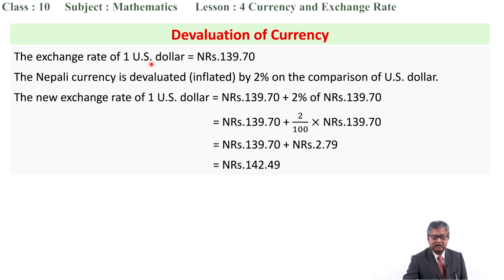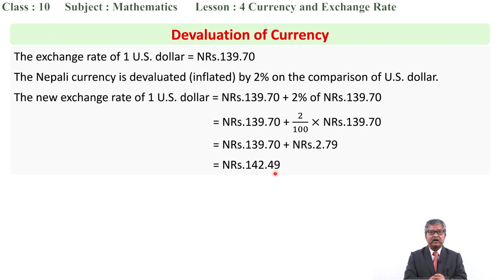That means what? Look here. Previously, 1 US dollar is equal to Nepalese rupees 139.70. After 2% devaluation, 1 US dollar is equal to Nepalese rupees 142.49. That means we have to pay more Nepalese rupees for $1 after devaluation.